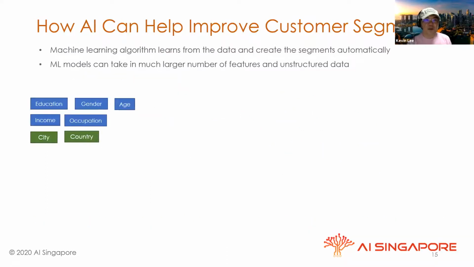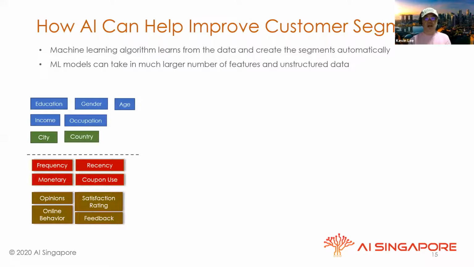However, given machine learning, we can take the same type of data and also add on top of it things that are not available, like the opinions of a person, like how he has responded to your questionnaires, how they have written back in your customer survey forms, stuff like that. You can take those data, satisfaction rating, feedback, etc., put them together with the demographics and locality data.